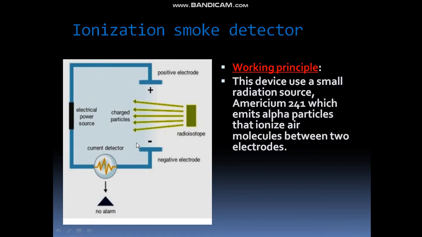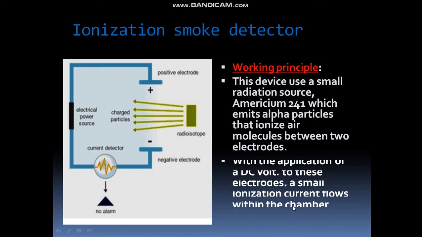So in between the two electrodes, air is present. That air is ionized by these alpha particles coming from the radioactive source. Due to that, some ionization current is produced. That current is sent into the detector.